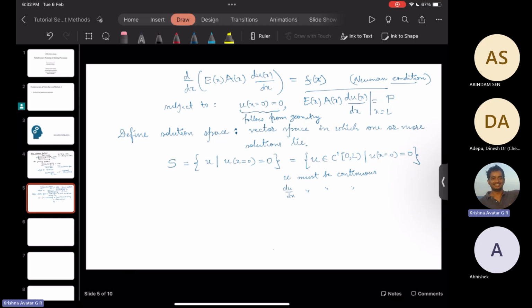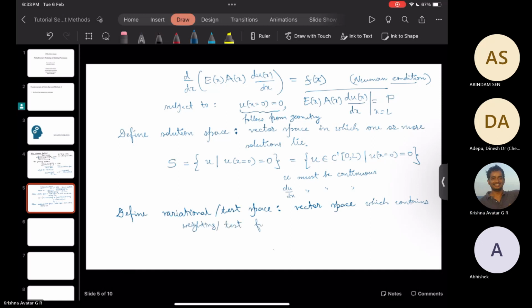Now we also define something known as the variational space, or it's also called the test space. This is the vector space which contains weighting or test functions.